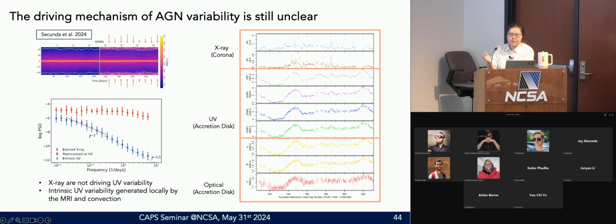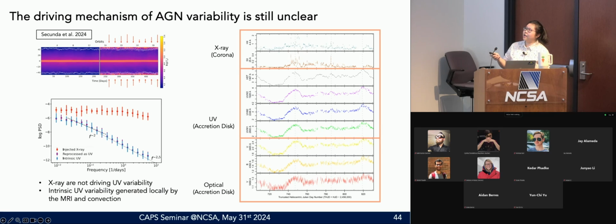Right? We also really don't know what the driving mechanism of AGN variability is. So in the light curve I showed earlier, you can see that the UV and the optical light curves behave really well. Like you can see that these light curves are correlated. But if you look at the X-ray light curve, it's a whole mess.